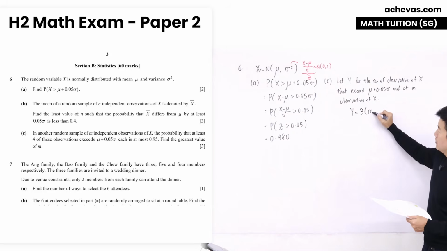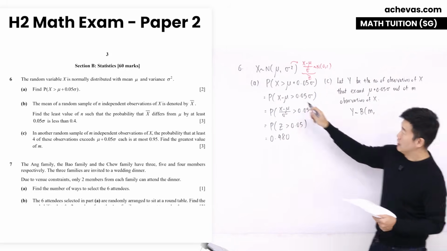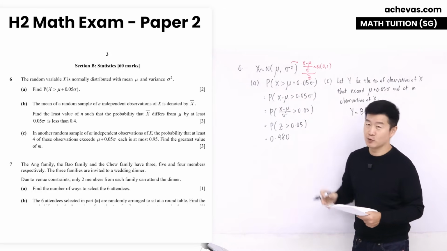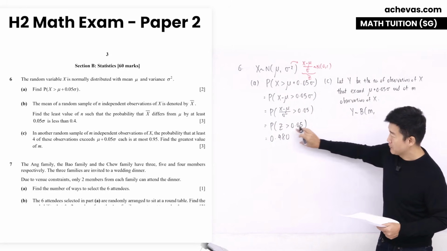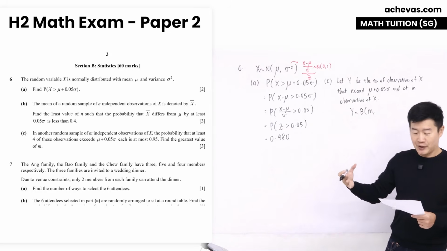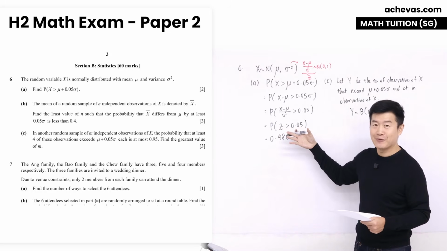Out of m observations of x, the probability of success is for x to exceed mu plus 0.05 sigma. So we have already calculated the probability here. This we wrote down by rounding it off to 3 significant figures, but I'm going to take the 5 significant figure value instead.